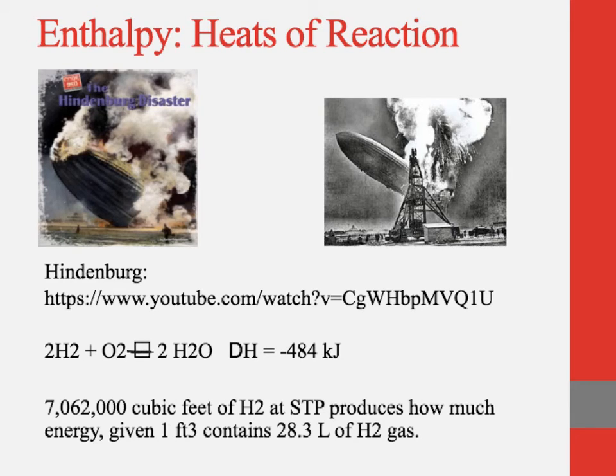So here we have hydrogen gas and oxygen gas, and we're going to form water. So negative 484 kilojoules. In this example, and this is exothermic, which makes sense because combustion is releasing a whole lot of energy.